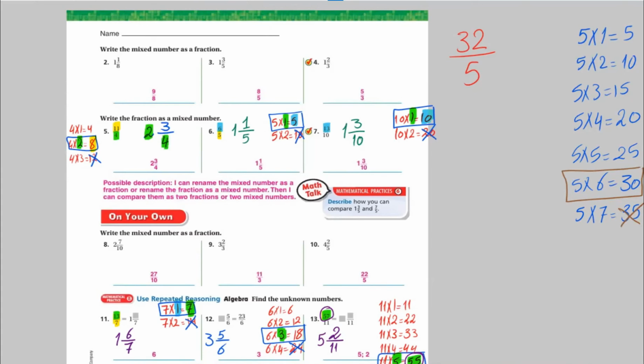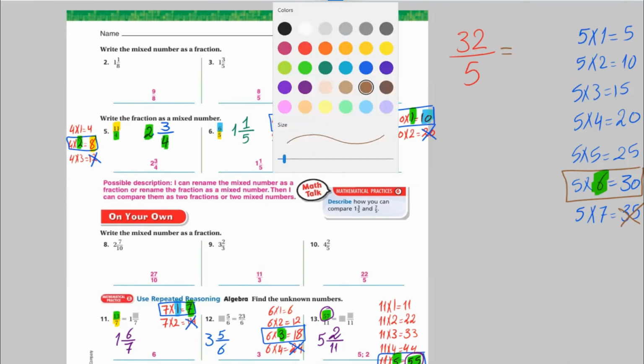So we do 32 minus 30. But first, before that step, you have to write something. We take the 6 as a whole number here, okay?